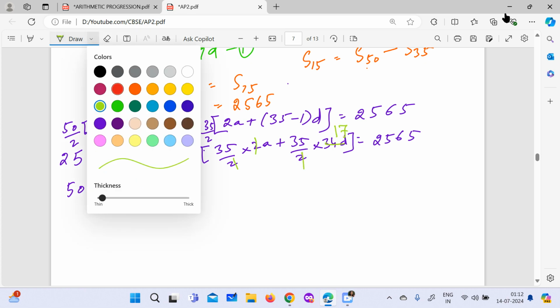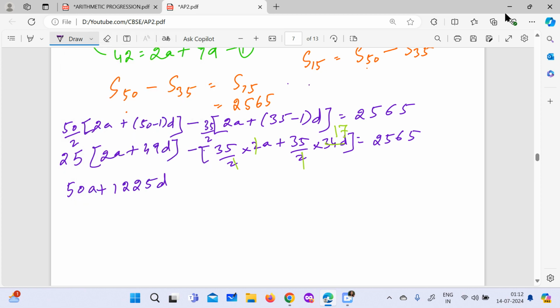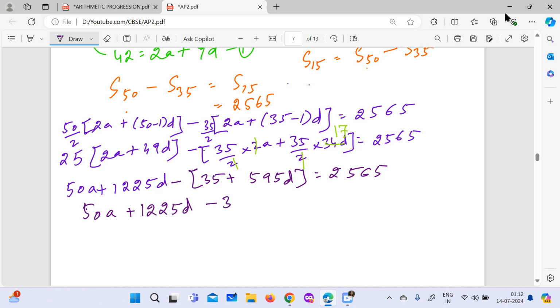So minus 35a plus 35 times 17d, and 35 times 17 gives you 595d, which is equal to 2565.